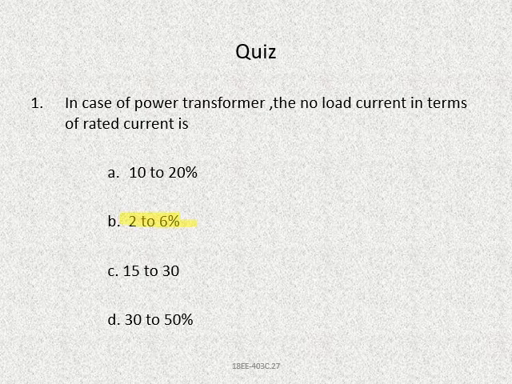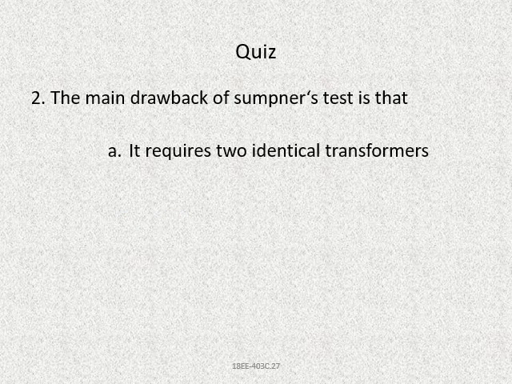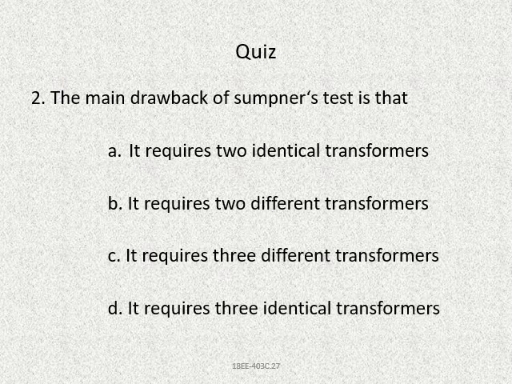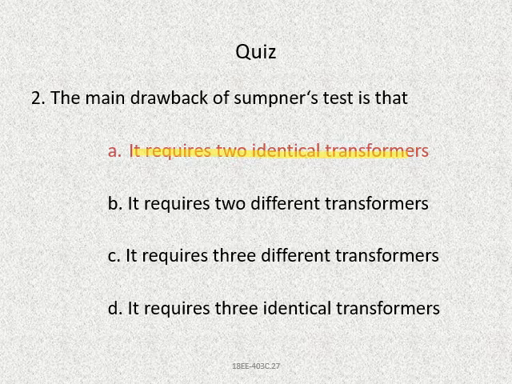No load current will be very less. The main drawback of Sumpner test is that it requires two identical transformers. You can see here, it requires two identical transformers.